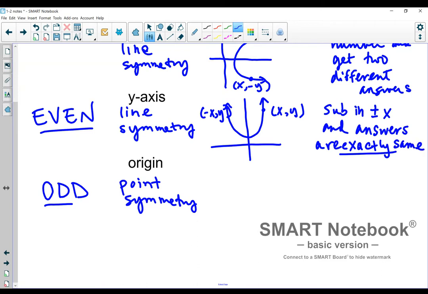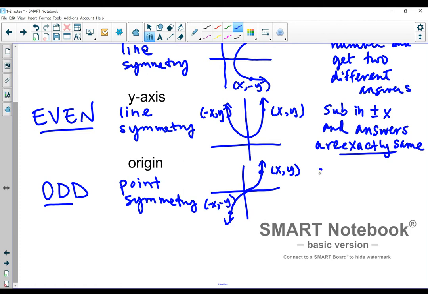Okay, and then for odd, I feel like I can probably squeeze it in here. So here's an example of origin symmetry, where you can see if I take this part of my graph, that quadrant 1, and swivel it around, it would match up to quadrant 3. So here I have an x, y and a negative x, negative y.